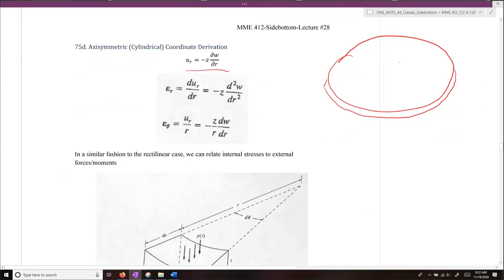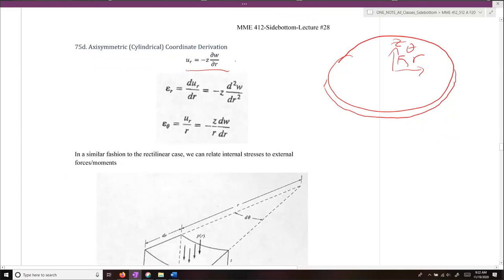In this case, our z-axis is here, our radial axis is here, and our theta axis is going around the z-axis. So we can talk about the strain within the radial direction, so displacement within the radial direction.